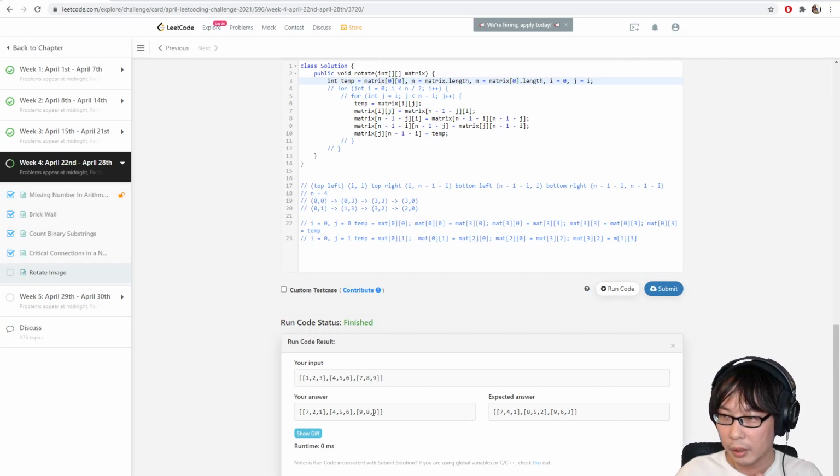So it looks like something is wrong. So 3, we move to 9 position. For 9, we move to 7.